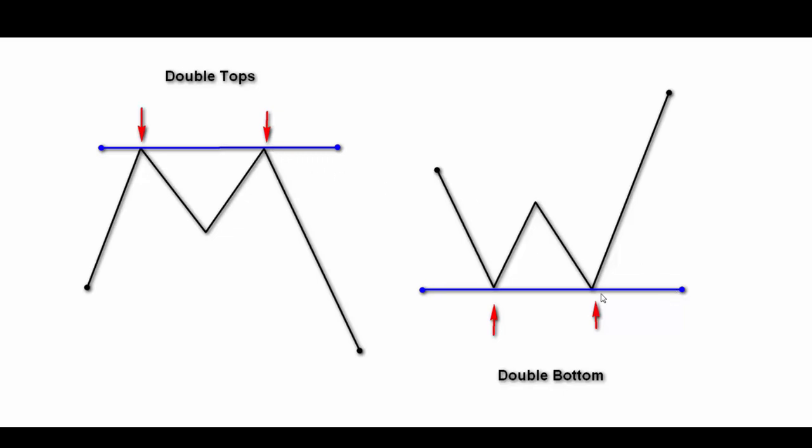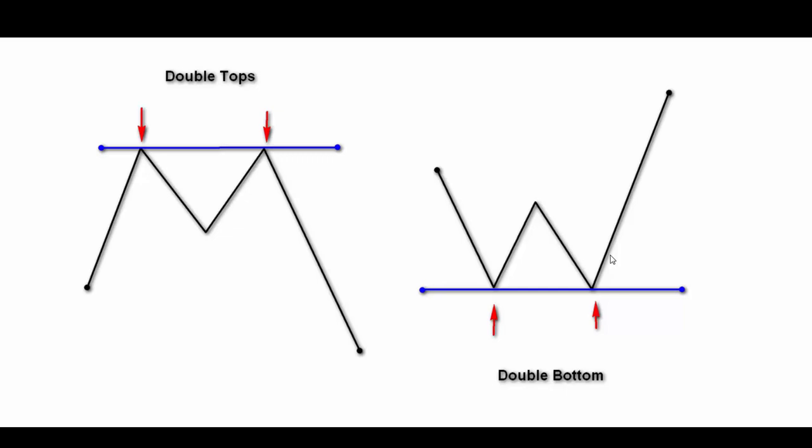Same for the double bottom. We want to wait for price to drop and then reverse up. When it does, it will form a support level here. When the price attempts to go to that previous support level, and when it doesn't break it and starts to reverse up, we want to wait for an arrow to show up on the chart and validate that trade with the breakout theory.